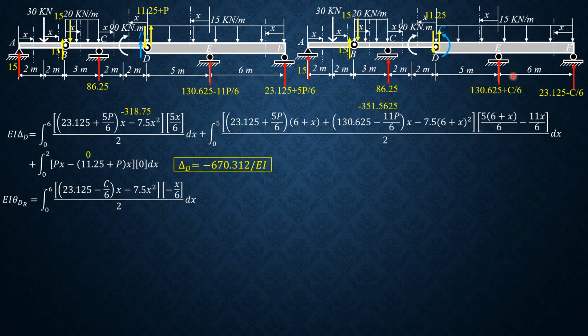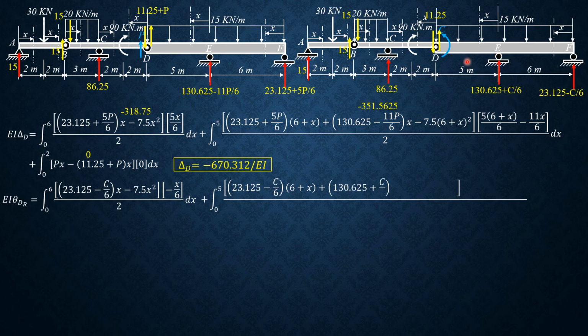Then in this section, plus the integral from 0 to 5, considering forces to the right, of quantity 23.125 minus couple over 6 times 6 plus x, plus 130.625 plus couple over 6 times x minus 7.5 times quantity 6 plus x squared. Then the partial derivative is negative 6 plus x over 6, or simply negative 1 if you simplify, and divided by 2 because the moment of inertia is 2.